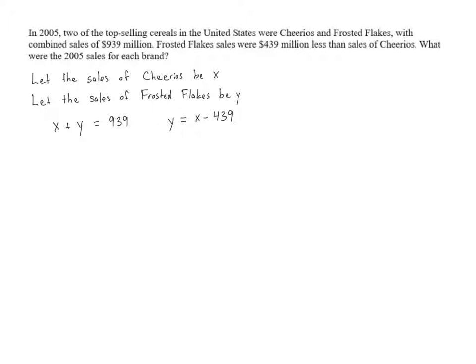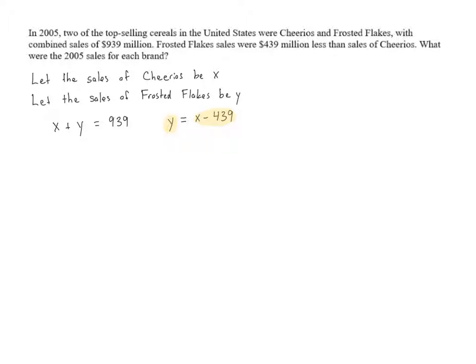Now, to solve this system of equations, we can use either substitution or elimination. Either method should work in any of these situations, but in general, substitution usually ends up being a little bit easier. And especially in this case, because we already have one variable that's isolated. If we look at the second equation, we have y is equal to x minus 439.